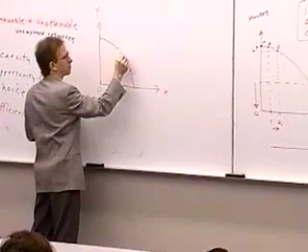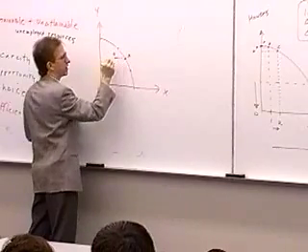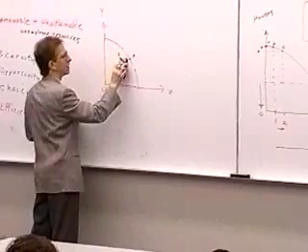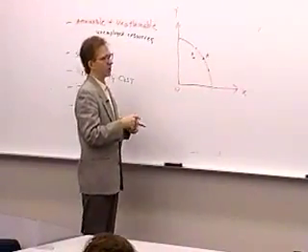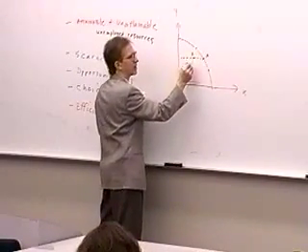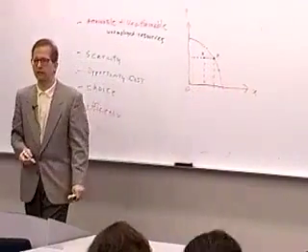Let me create a point A right here. Let's make a point B there. What I want to show you is that point B is not efficient. And here's the way I go about that.